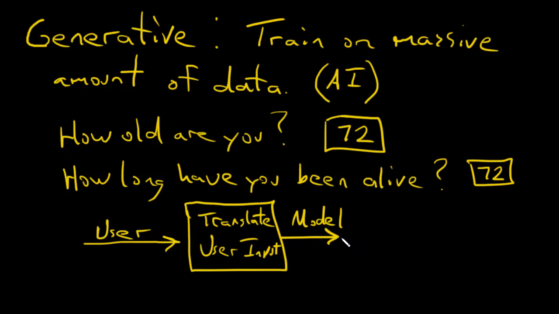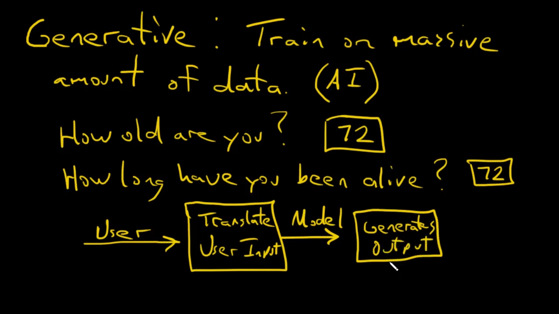So we're talking neural networks, things like that. Once it runs it through its model, it then generates the output. And the output did not come from a database. It generates it from scratch based on the model.